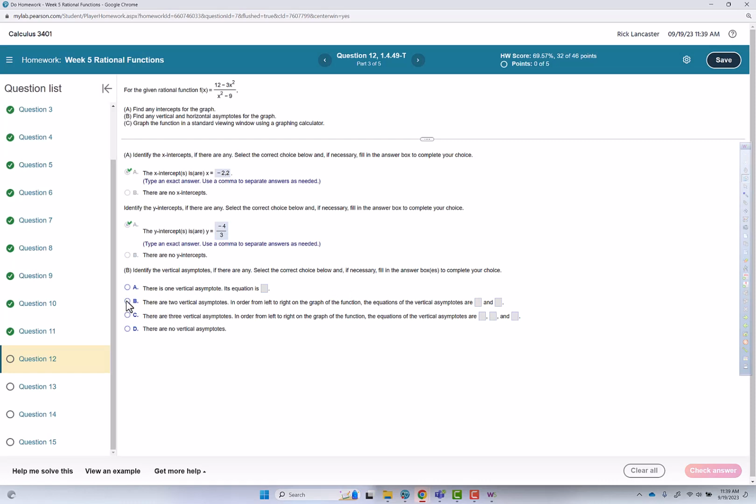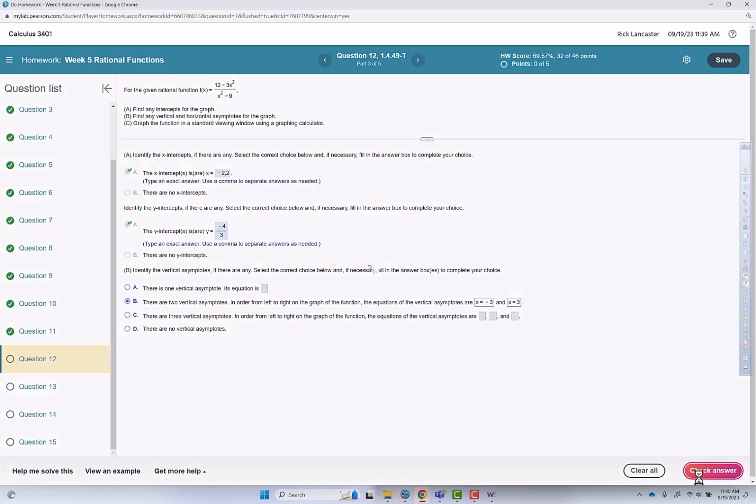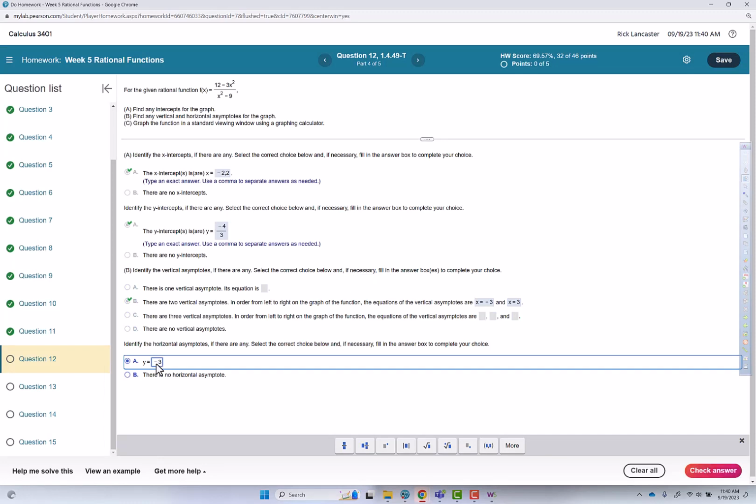Identify the vertical asymptotes. There are two vertical asymptotes, and that was x equals, and here I think they're wanting equations. X equals -3 and x equals 3. Check answer. Well done. Identify horizontal asymptote, so that's y equals -3.